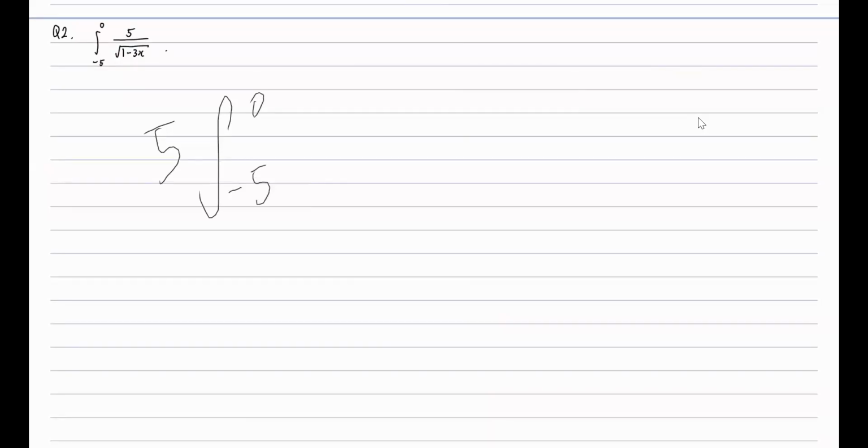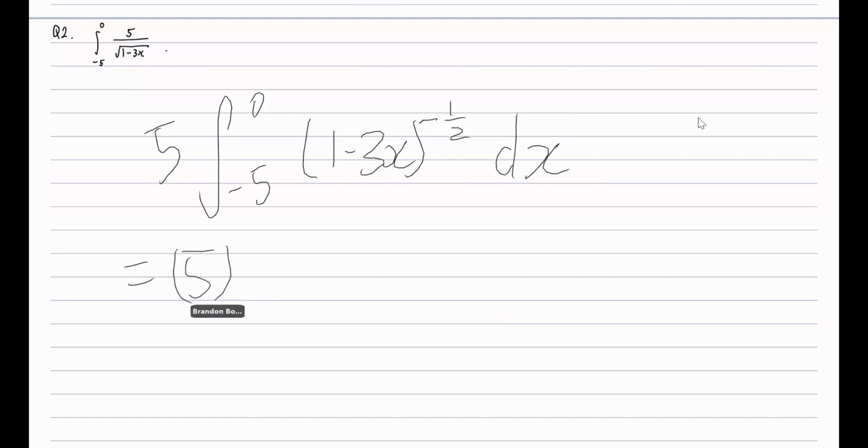Then good. Then plus 1. Open square bracket.